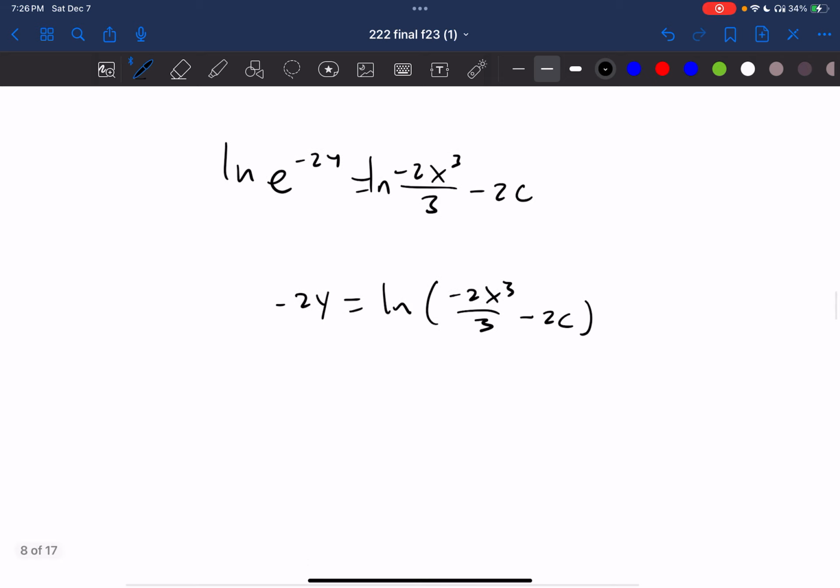And then we just divide everything by negative 2, or multiply by negative 1/2. y is equal to negative 1/2 of ln of negative 2x to the third power divided by 3 minus 2c.